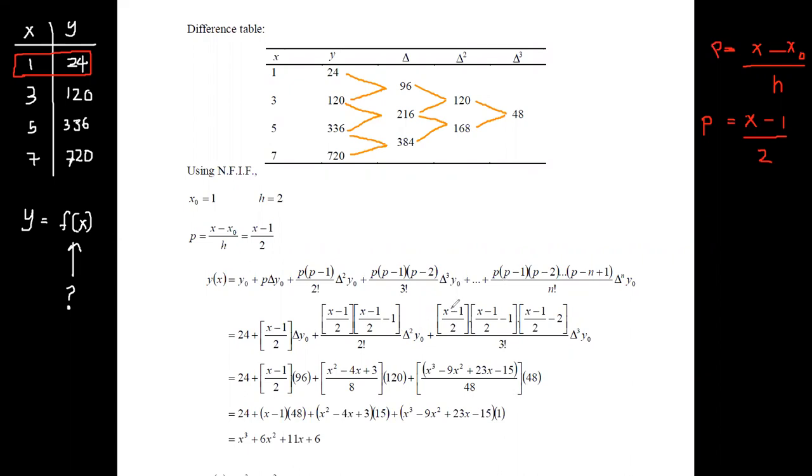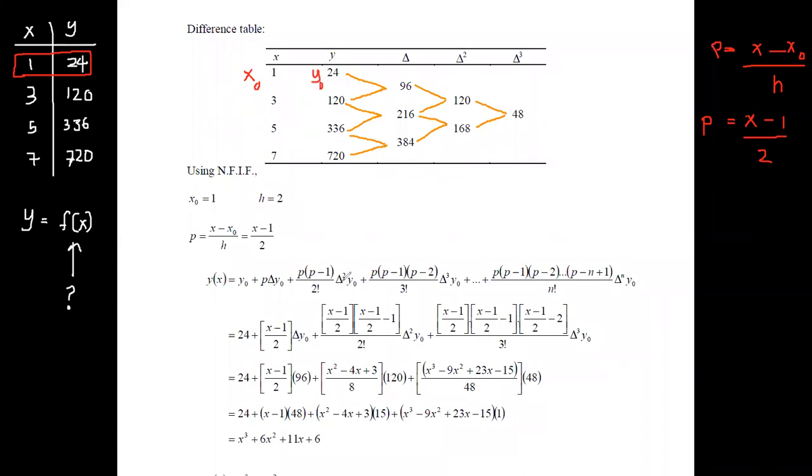Then the third term can be written as p times p minus 1 times p minus 2. The appropriate substitution is this, divided by 3 factorial, and then multiplied by the third differencing of y naught. Here we have considered this as x naught and this as y naught.